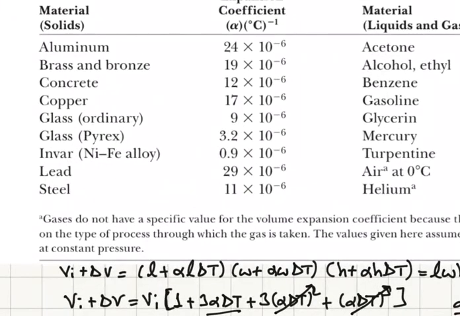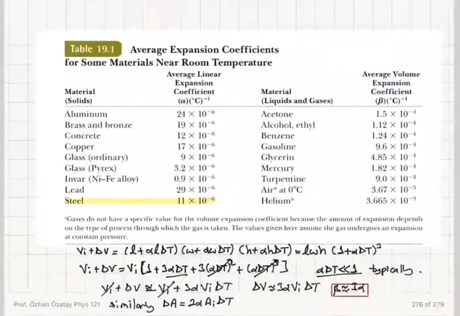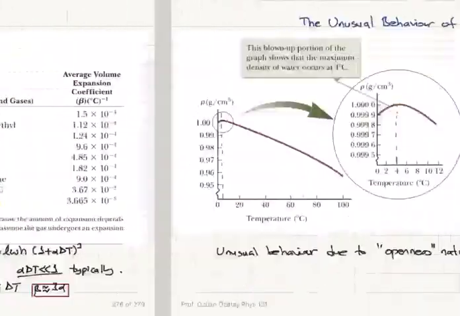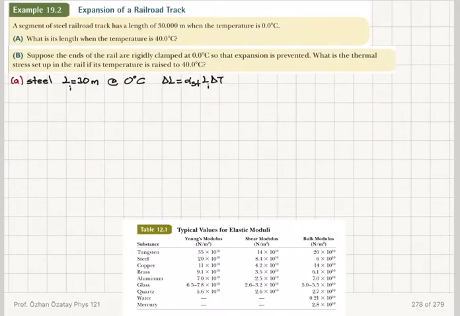So here is steel, the average coefficient of expansion of steel, 11 times 10 to minus 6. So I record here that alpha steel is 11 times 10 to minus 6 per degree Celsius.